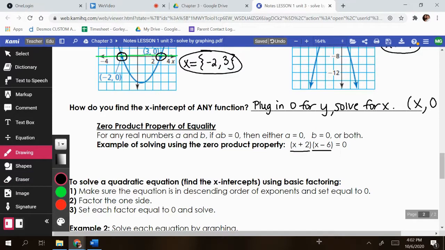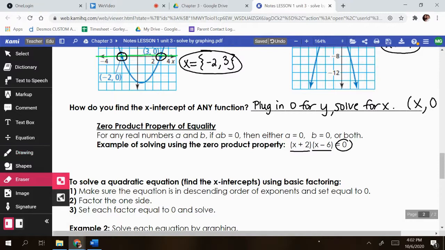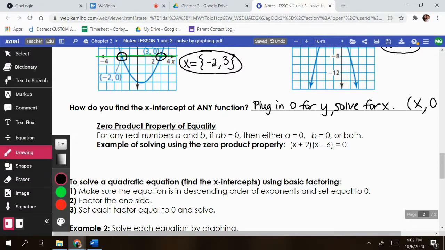Down here, I have 2 numbers or expressions multiplied together that gives me 0. So one of these has to equal 0 or both have to be 0. Like if x plus 2 was 0, we'd get 0 times (x minus 6) equals 0. Is that a true statement? Yes, that would work because 0 times anything would end up being 0.